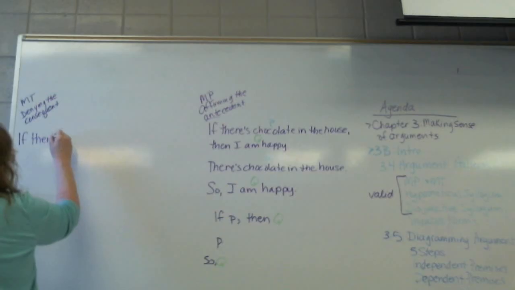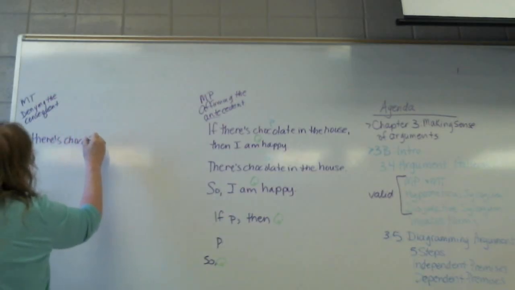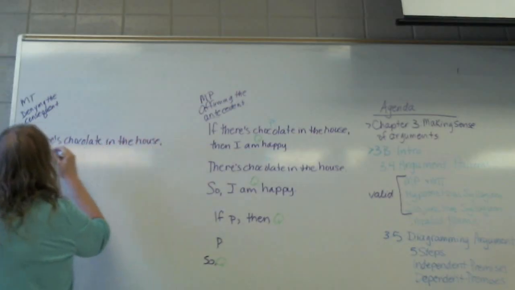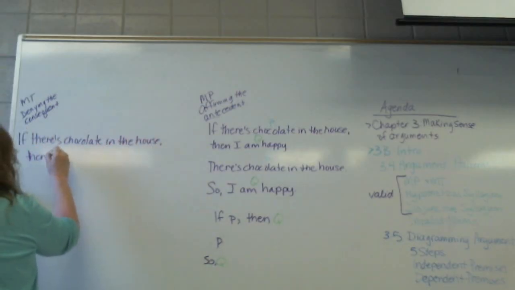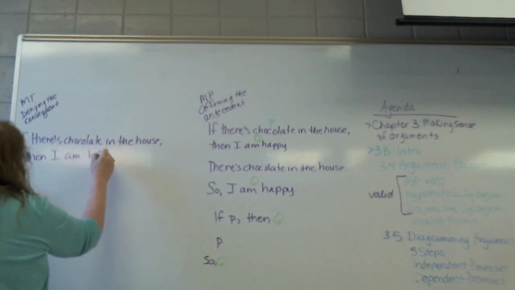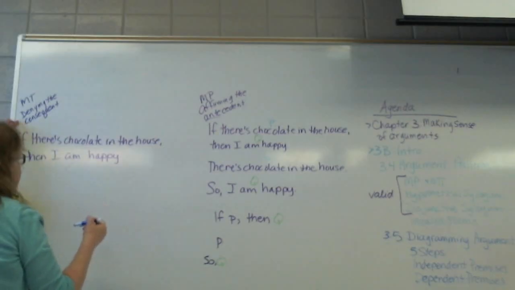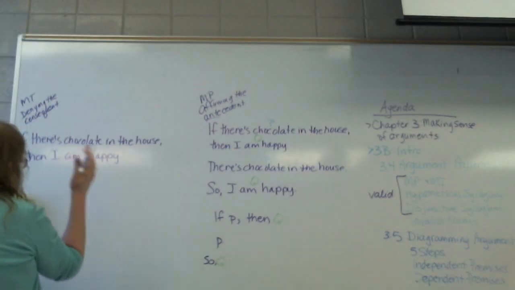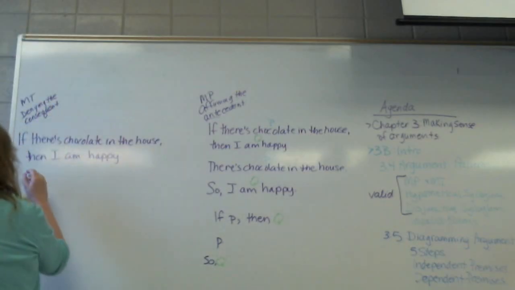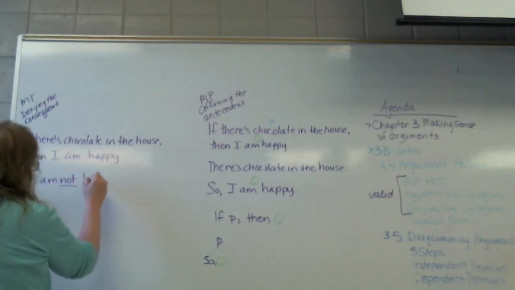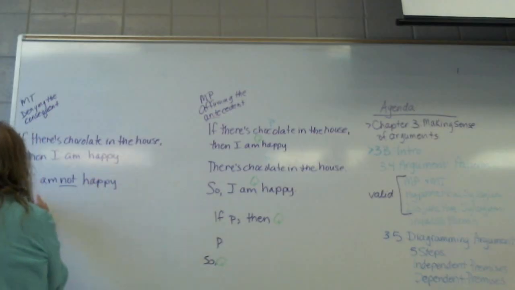If there's chocolate in the house, then I am happy. Same conditional. So my next step is to deny the consequent. I am not happy. So there's no chocolate in the house.